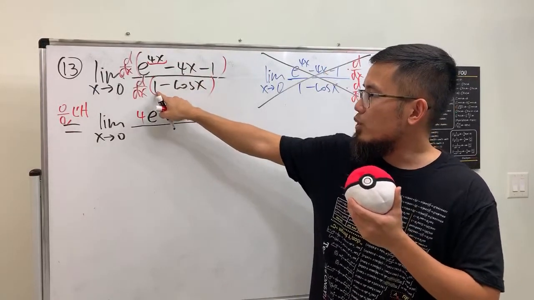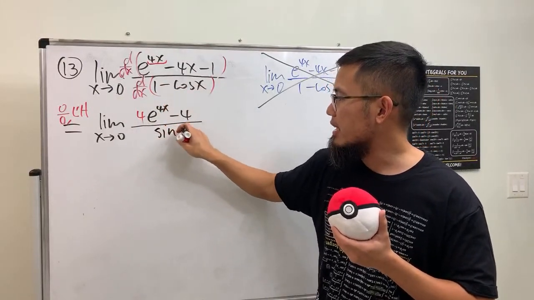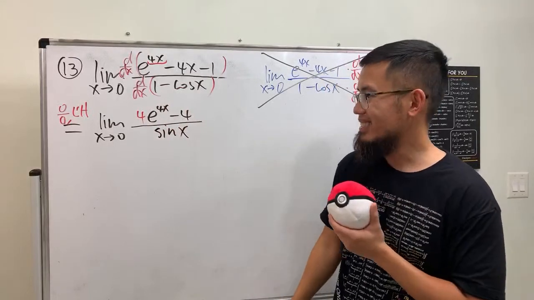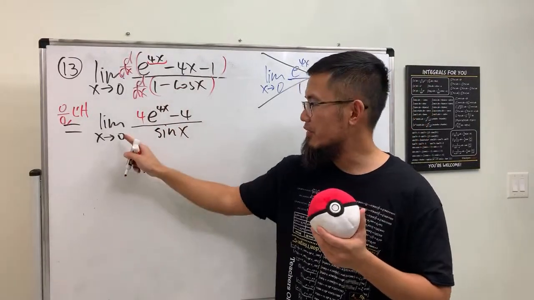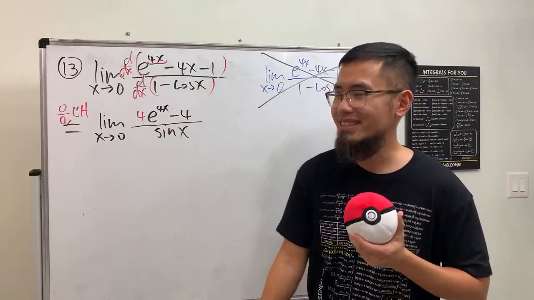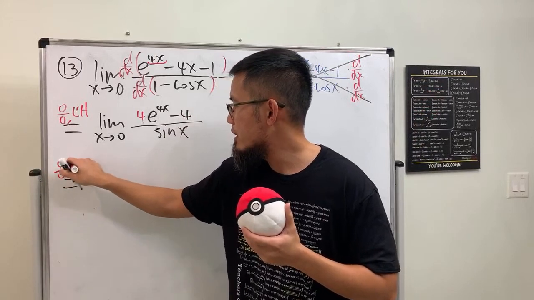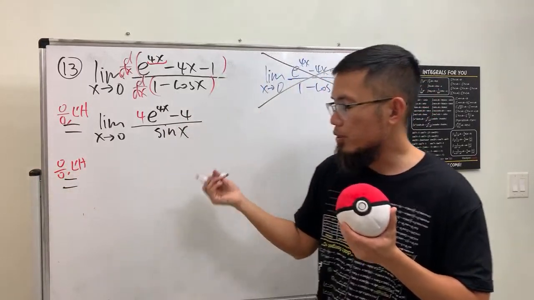On the bottom, the derivative of 1 is 0. The derivative of negative cosine is positive sine x. But we are not done yet, because if you put in 0 for all the x, we still get 0 over 0. So, if it's a 0 over 0 situation, I think we are making good progress.